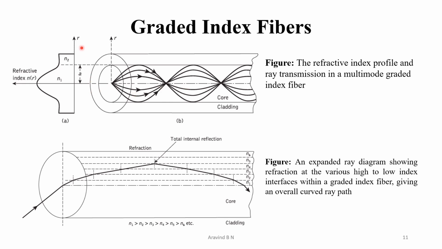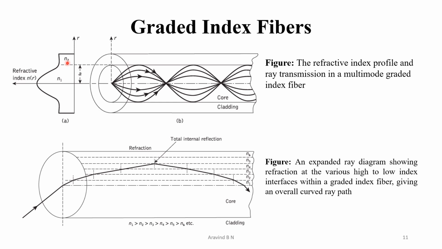With respect to refractive index, we can observe that the cladding has a constant refractive index, whereas the core does not have a constant refractive index. Rather, it varies in such a way that at the core axis it has the highest refractive index, which decreases towards the cladding. That means it has a parabolic shape of refractive index.